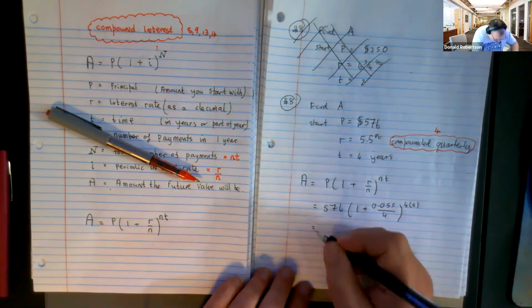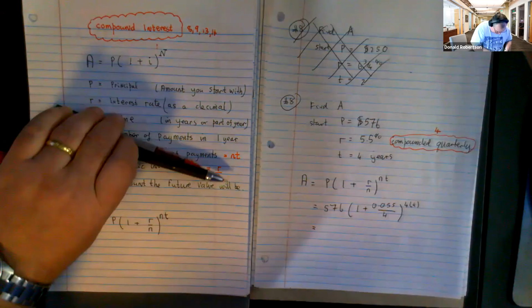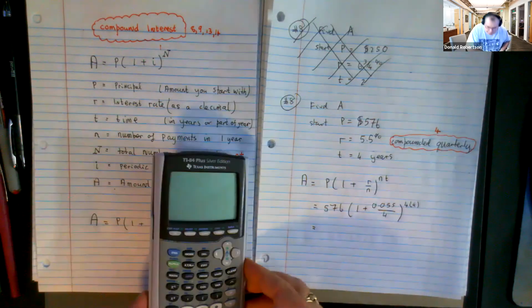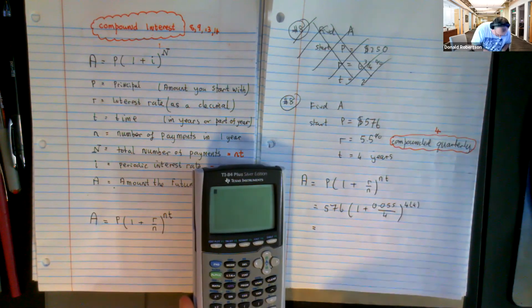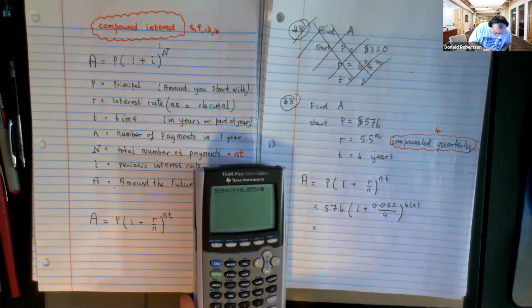Now, what makes this a little bit harder to do on your calculator is you have to be careful with brackets. So watch what I type in here and make sure you follow the same routine. Bracket 1 plus 0.055 divided by 4, close the brackets. That's pretty obvious.